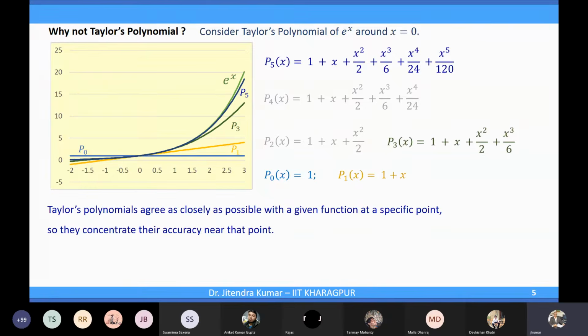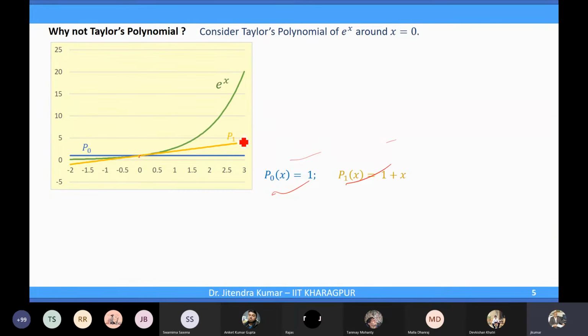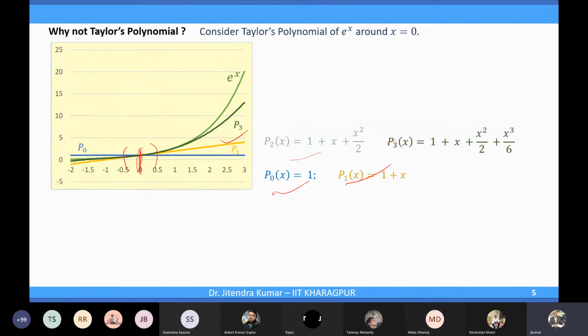One thing I should have mentioned: we have taken this Taylor series expansion around 0. Even with a lower degree polynomial like P1(x), it matches absolutely at 0, and in the vicinity of 0 we have a good match with e^x. Then as we increase the degree, it matches at 0, and the interval where it matches e^x well keeps increasing.